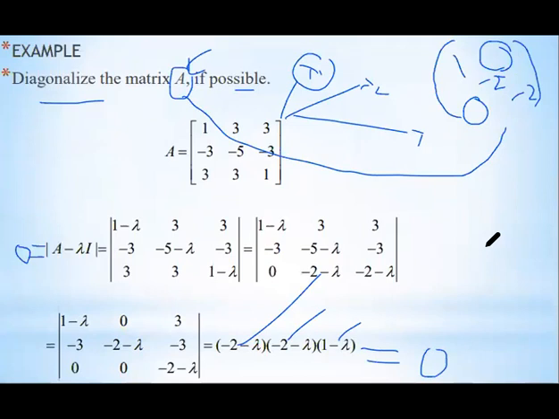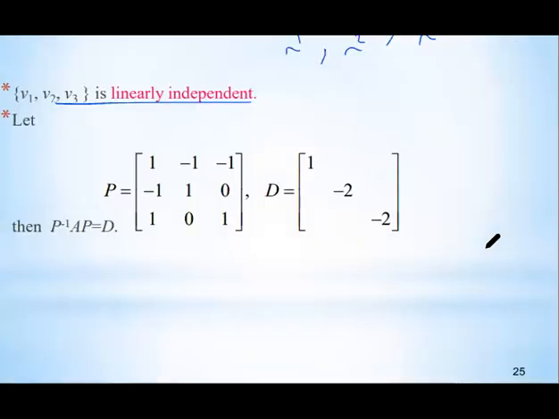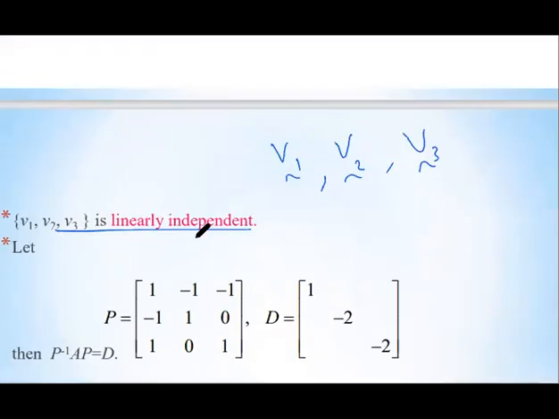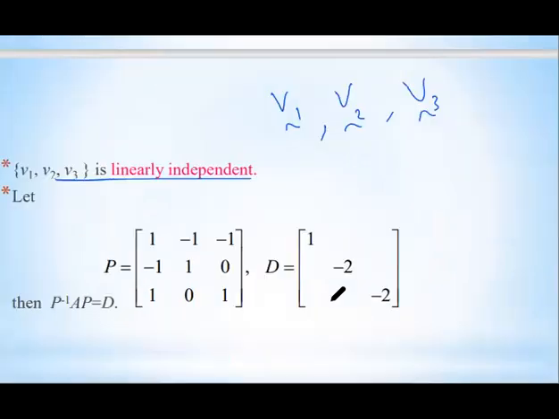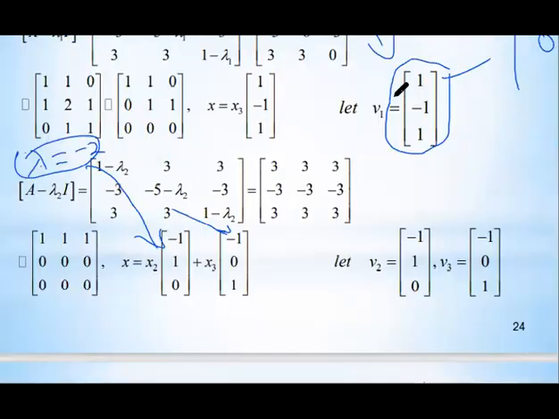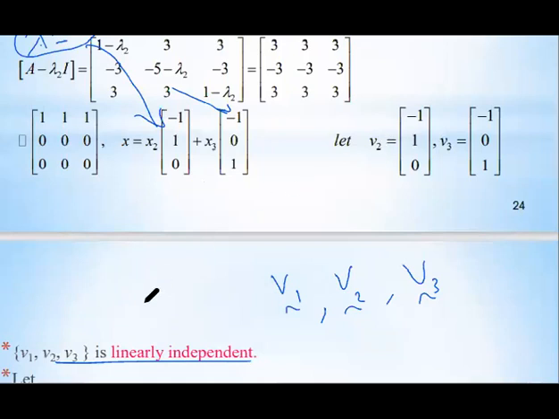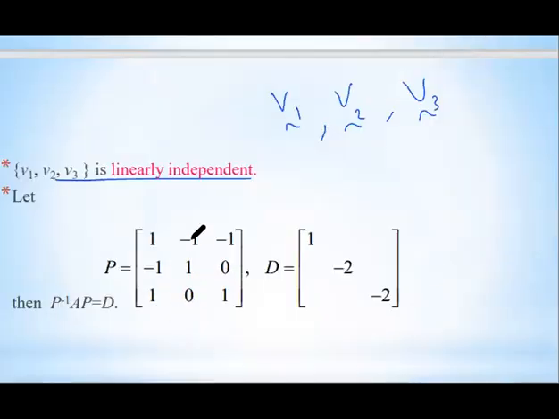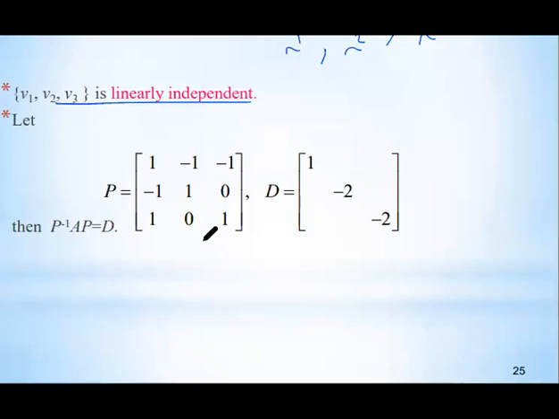How do you find the invertible matrix P? You place these column vectors here: the first column of P is this, the second column is this, and the third column is that one.